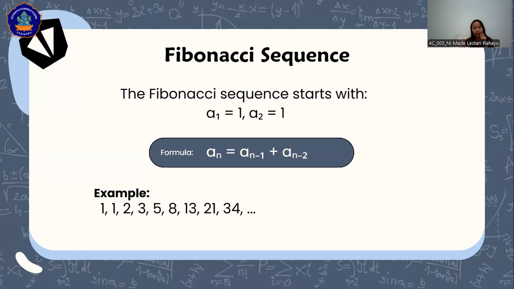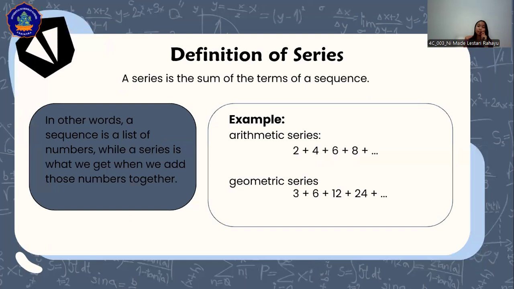Okay, next we will learn about series. So what is a series? This is the definition of a series. A series is the sum of the terms of a sequence. In other words, a sequence is a list of numbers, while a series is what we get when we add those numbers together.